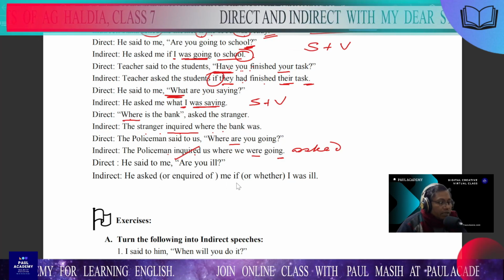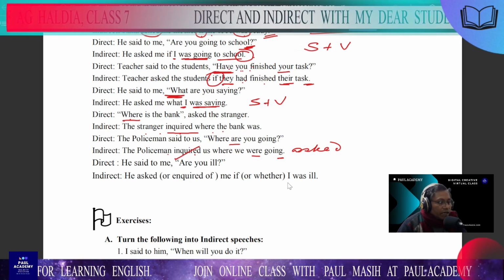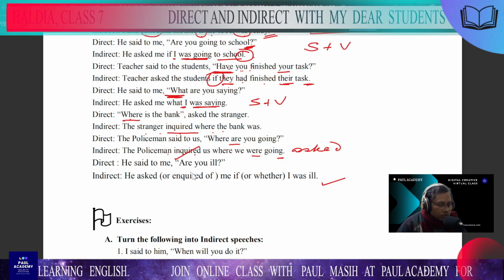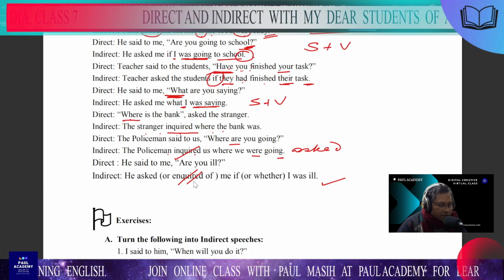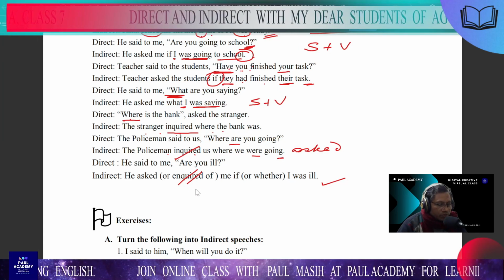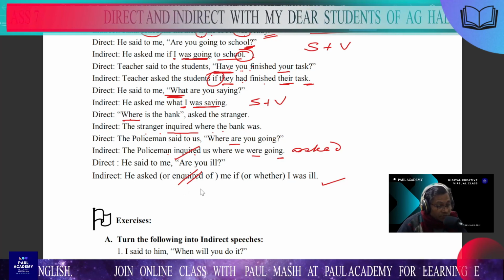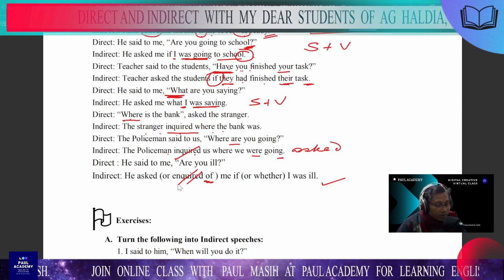You can use he asked me if I was ill. I would always prefer, or I advise you, to avoid inquire, but if you write inquire, it can be used. It is a very good use, but it may be wrong sometimes because of some grammatical issues, because of use of on, spelling, etc.